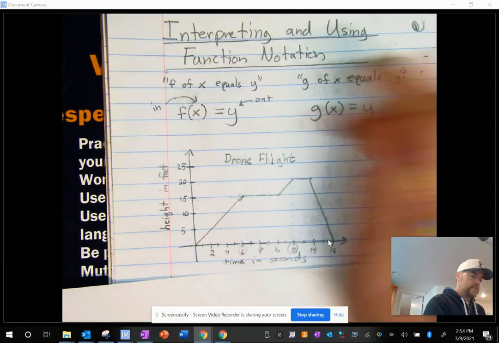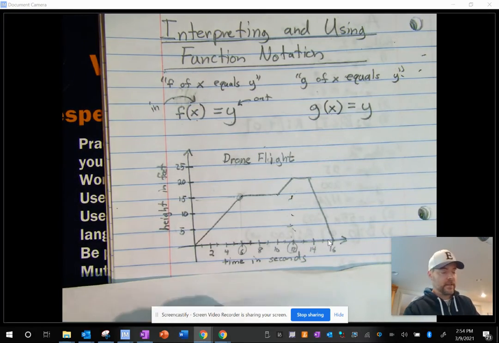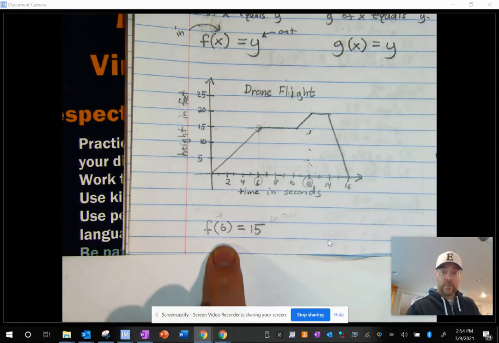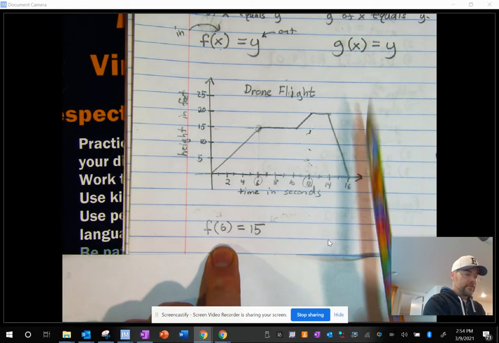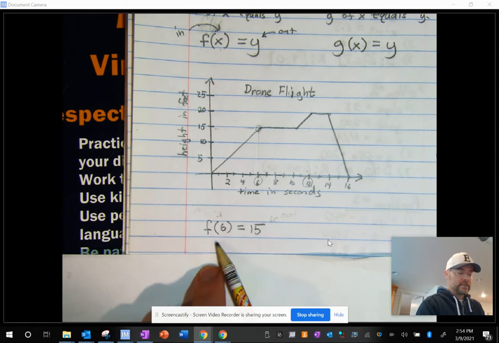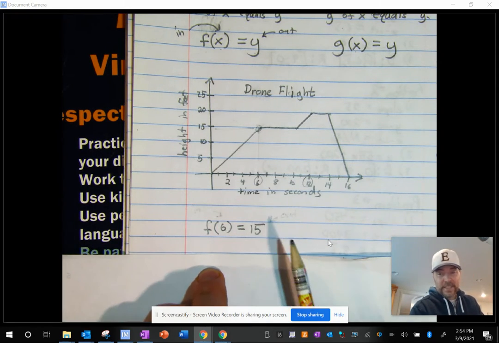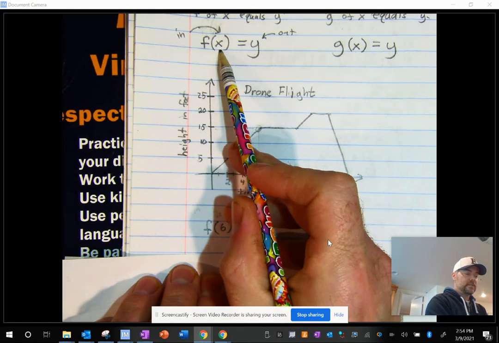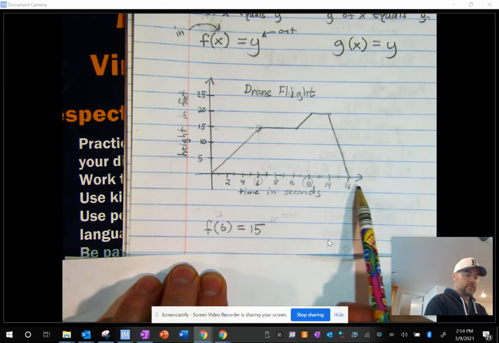What we're going to do here is look at some function notation and say, what does this mean in words? If I'm looking at this graph, could I explain what f of 6 equals 15 actually means? Now remember, the x is your input, the y is your output. It kind of goes with these axes.